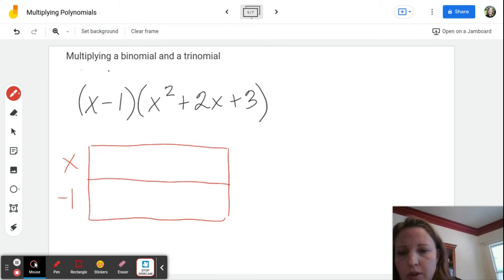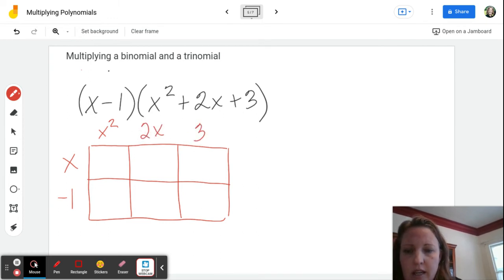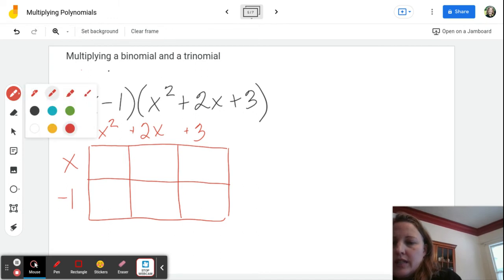We're going to take both of those terms times the 3 terms of this trinomial. So x squared, and let's leave those like x squared. And then I have a positive 2x and a positive 3. Okay? And if you want to, you can put those little positives, right? You don't have to.